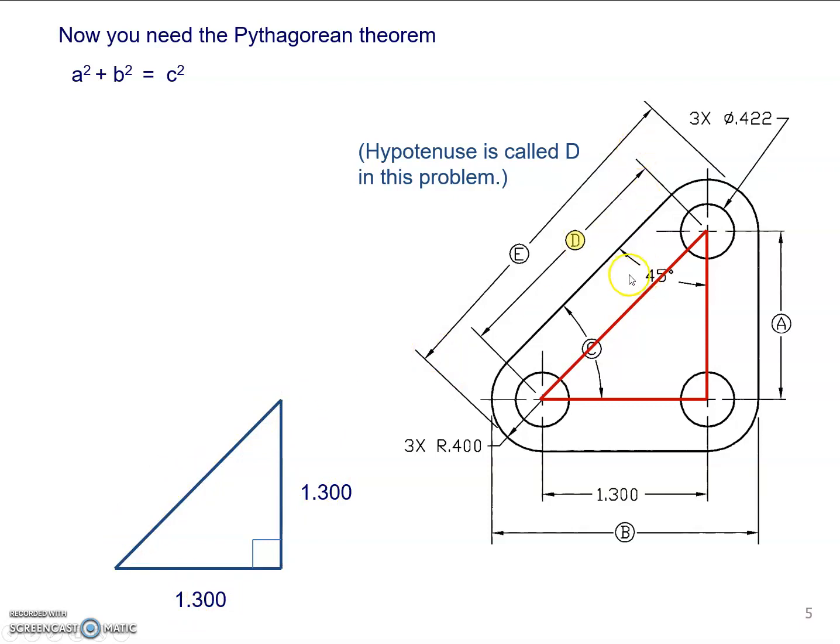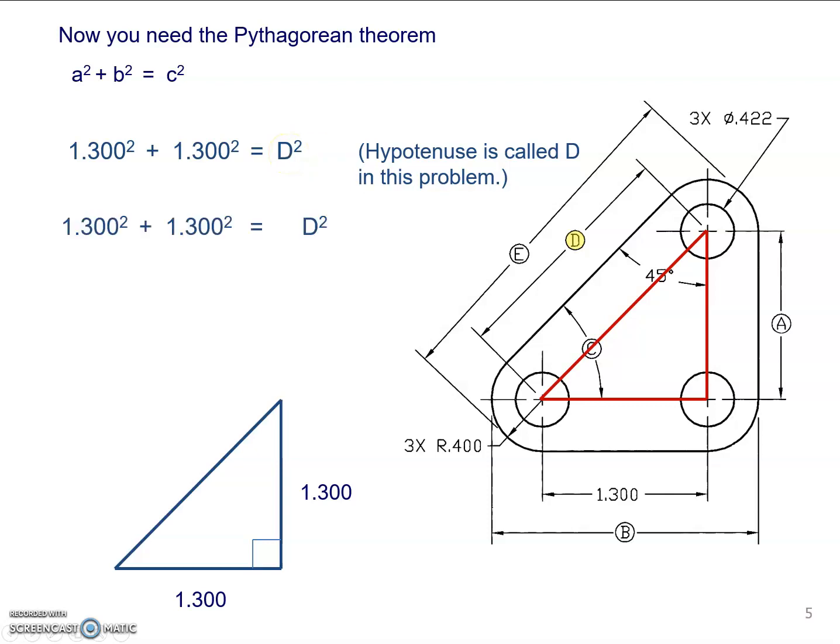And in this particular part, we are calling the hypotenuse D. Don't let that throw you. Okay, so A squared, 1.3 squared, plus B squared, 1.3 squared, equals C squared, hypotenuse D squared.